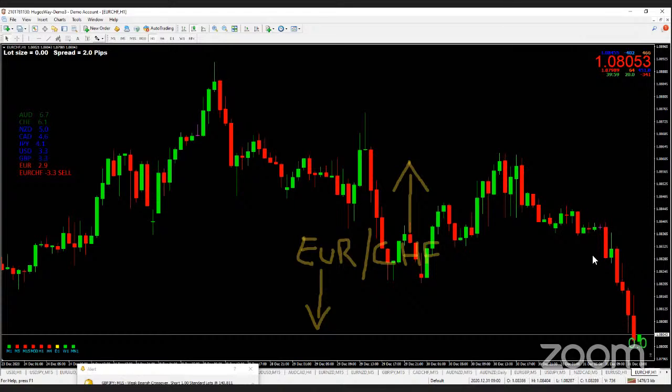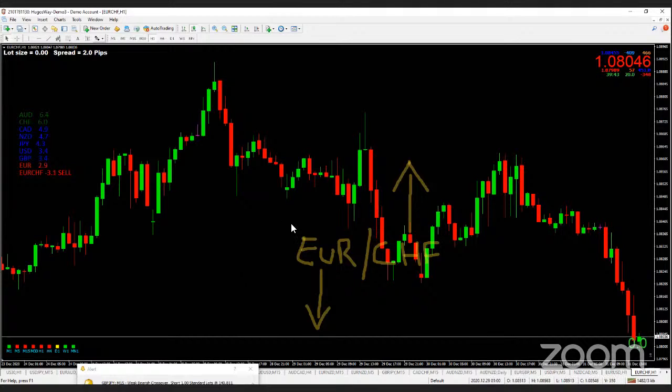Like I said earlier on, if it says it's selling, if it's going down, you don't want to be buying, unless maybe later on during the day, or if there's a change in the direction of the market. So let's just have a look at another pair.